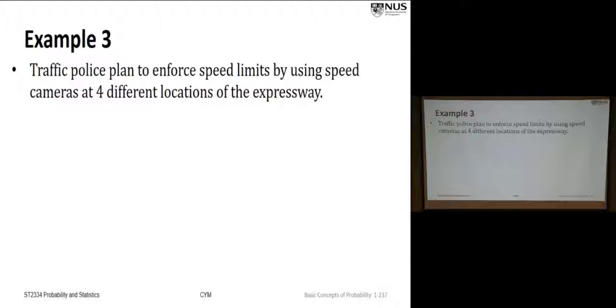This color thing. Okay. Example 3. Okay. So traffic police work to enforce speed limits by using a speed camera in 4 different locations.